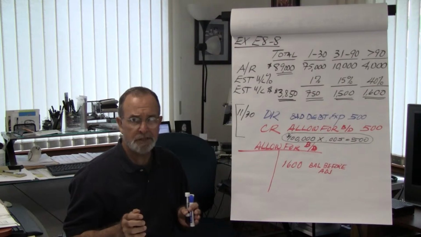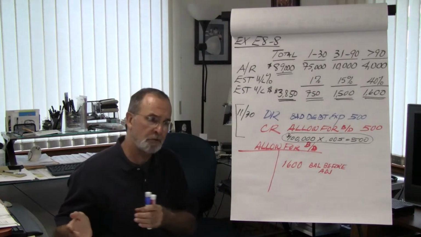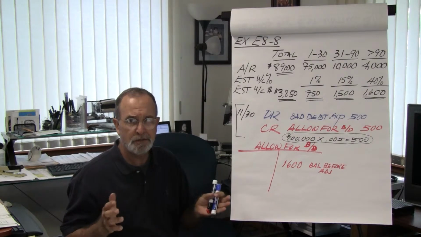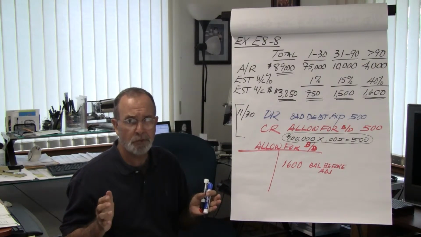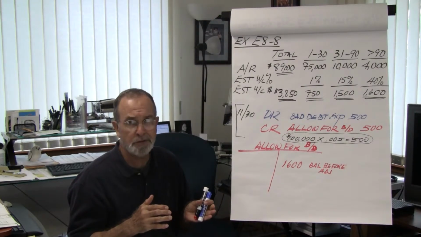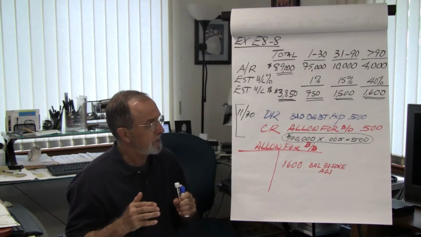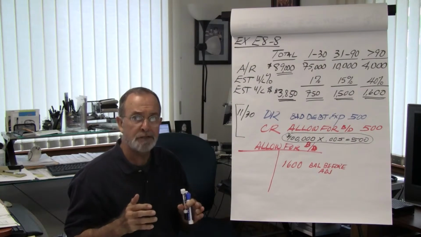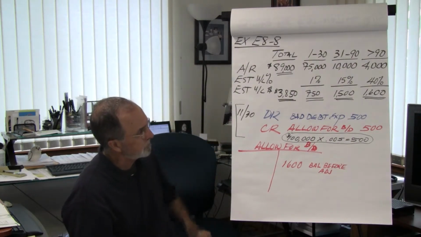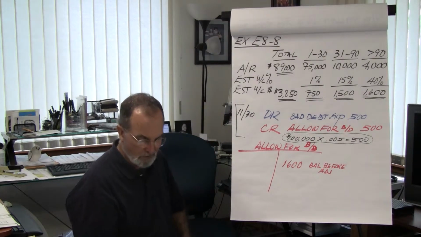We get those percentages from historical data, so we would go back a year or two. I think 3 to 5 years is a good time frame to work in for this type of estimation, to get an idea as to what our rates should be for the current year. So this would be our journal entry at November 30th.